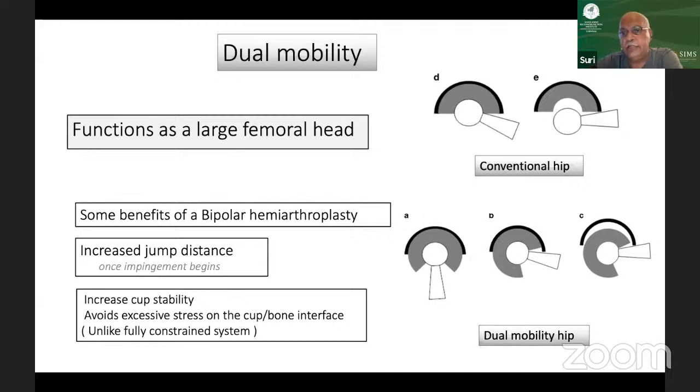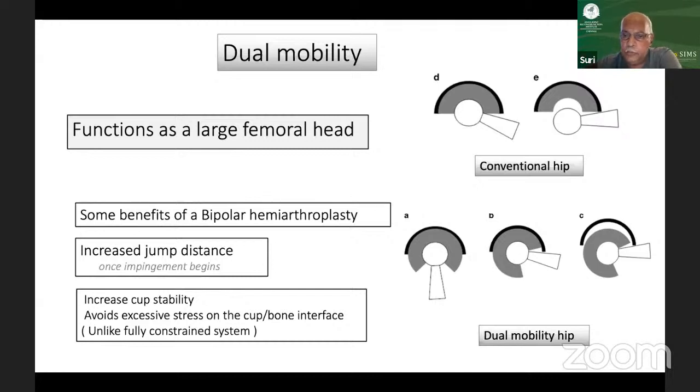The jump height increases. For example, if you see the upper picture, conventional, the moment the hip neck hits the base of the inner poly or whatever the articulation is, ceramic, whatever, it starts impinging, the whole thing starts toggling. The head will start levering out of the socket. This is the jump height or the jump distance. The larger the head, the larger is the distance. That's how the range of movement increases basically.